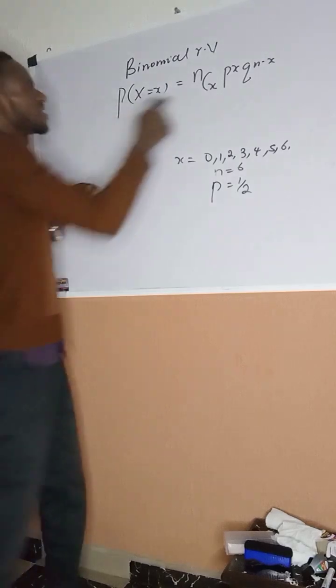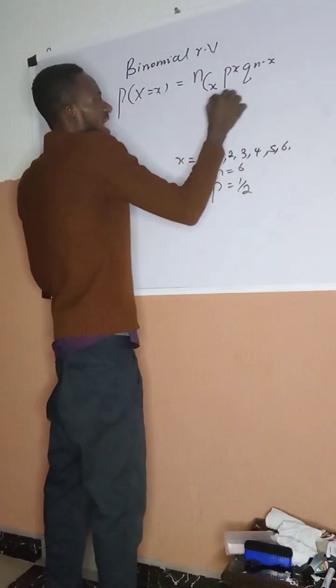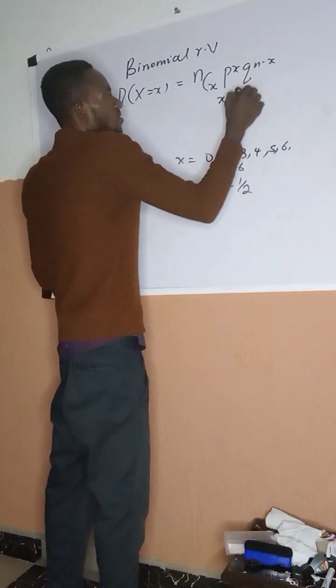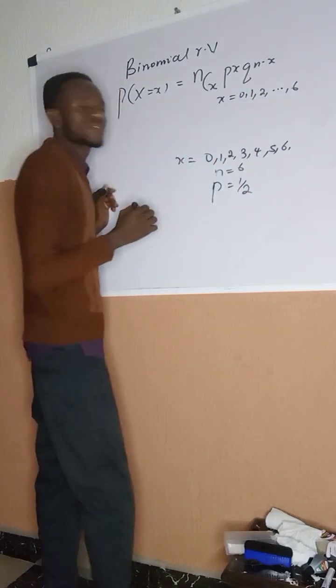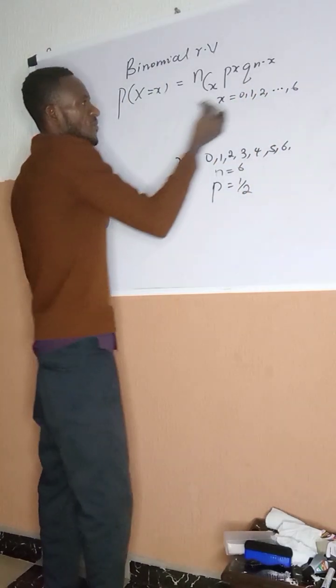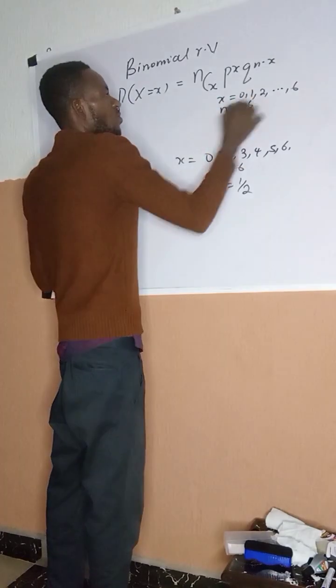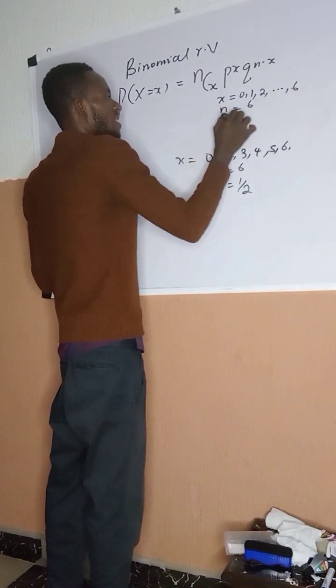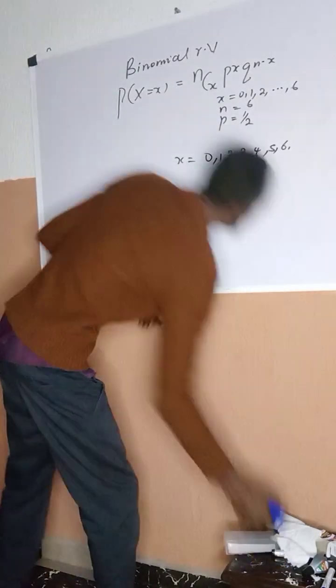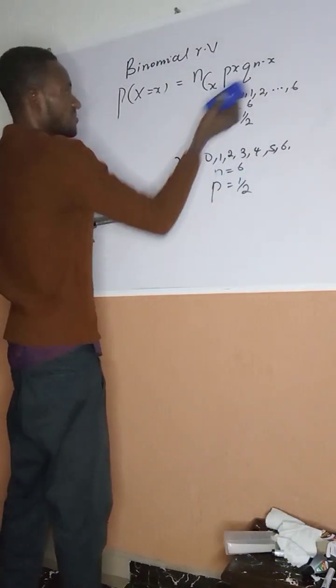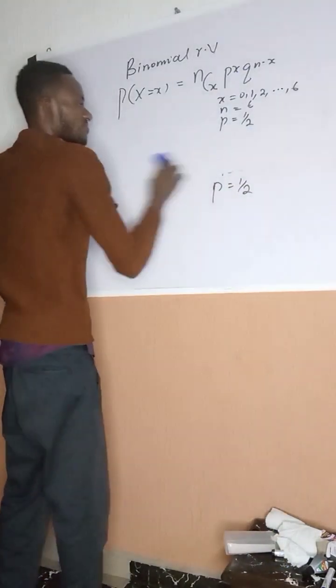Which means if I come here, I will now say that x equals 0, 1, 2, up to 6. And of course, therefore, my n equals 6, and then my p given to me is 1/2. So I will now clean this information because I've transferred them here.